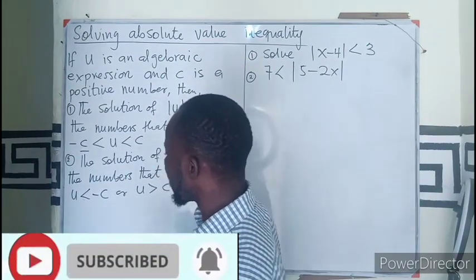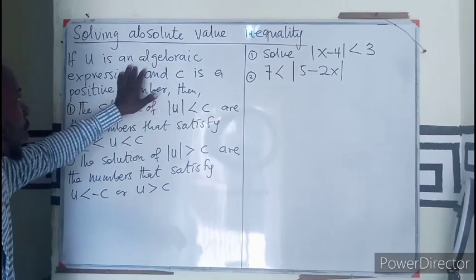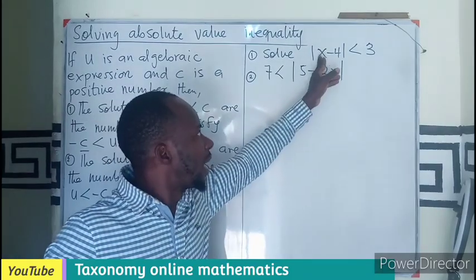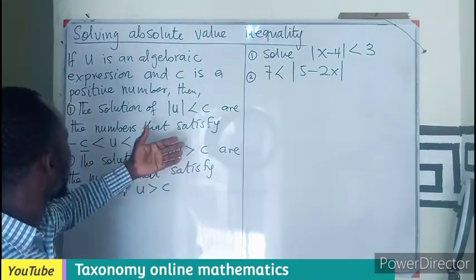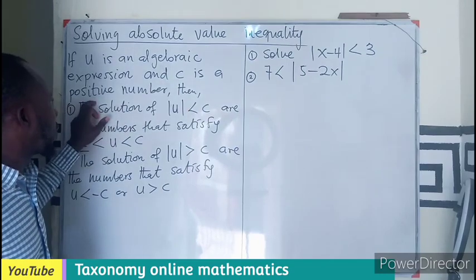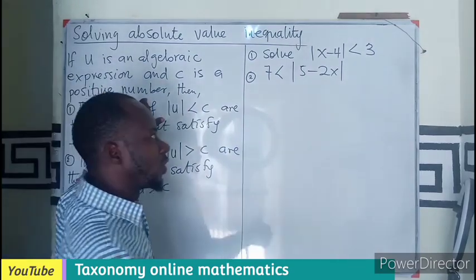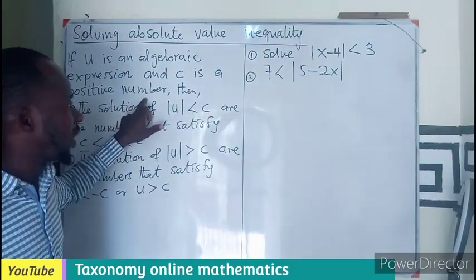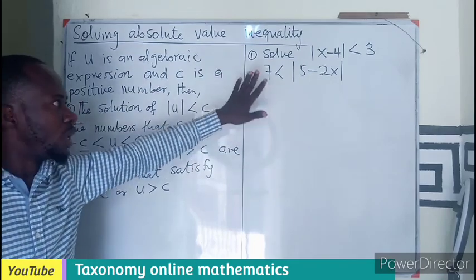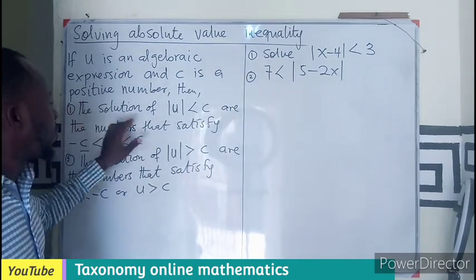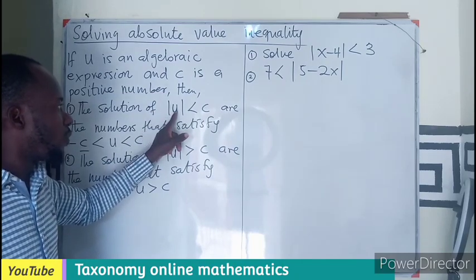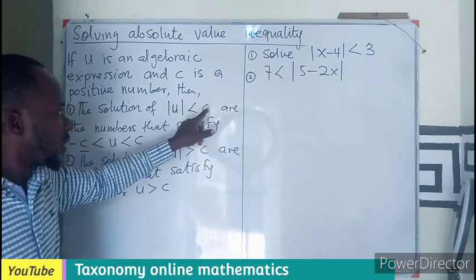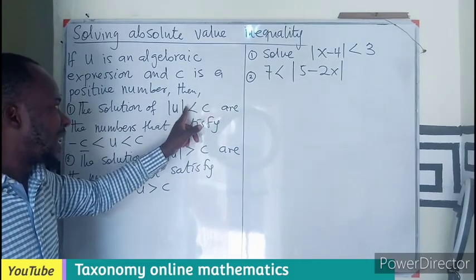We are saying that if u, which is standing in for any algebraic expression, as in this case 5 minus 2x, x minus 4, any algebraic expression, and c is a positive number or a positive constant, as we can see 3 and 7 are the constants we have in this, then the solution to any of these questions is going to be, if we have absolute value of u, that is the algebraic expression, is less than c, let's take note, less than c, it could also be less than or equal to.